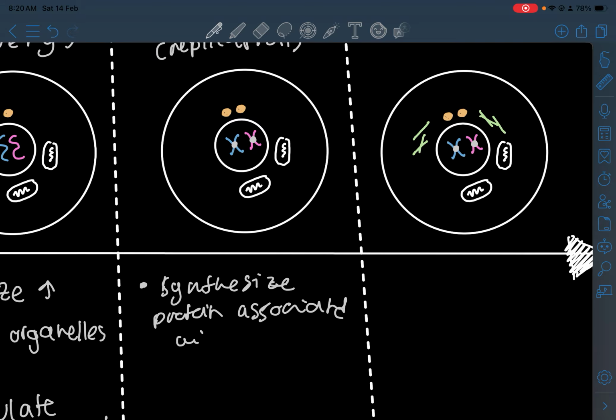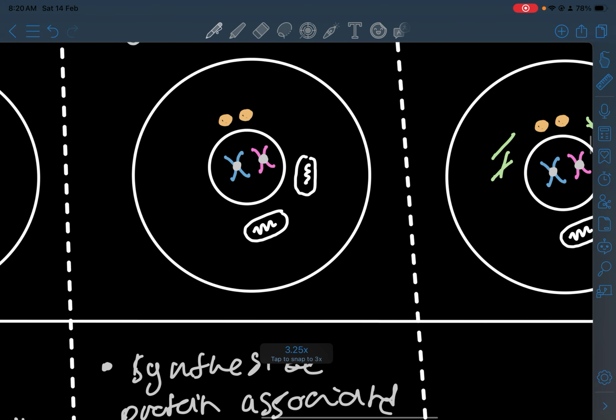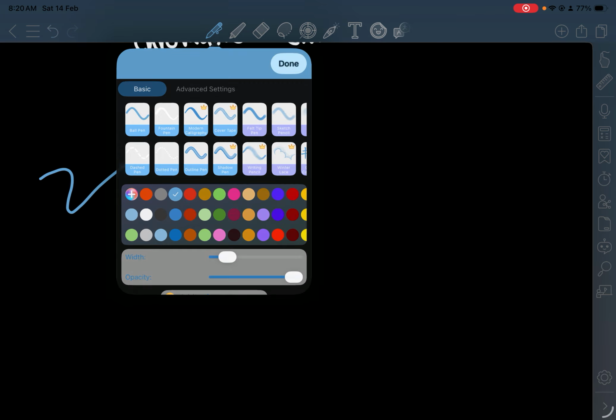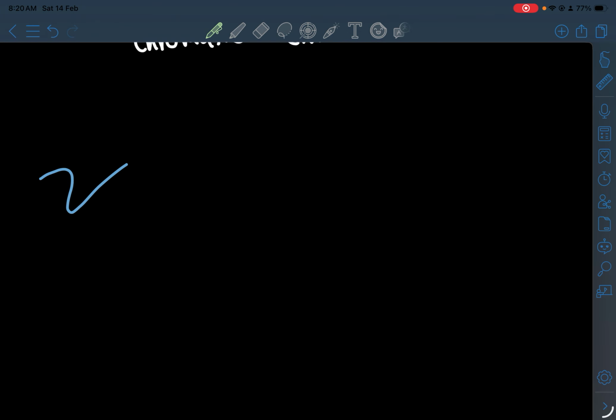Well, let's zoom in at our DNA strand in our nucleus. Let's say we have a DNA strand from our father. The protein associated with this is known as histone.